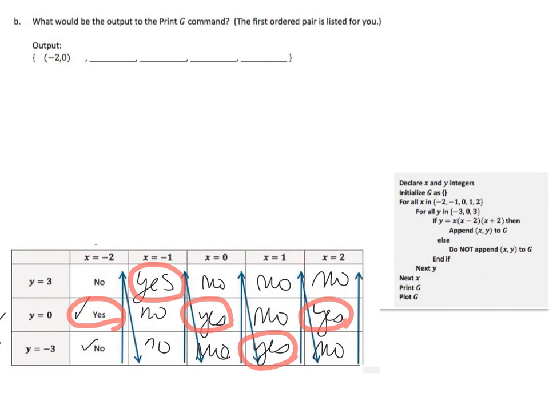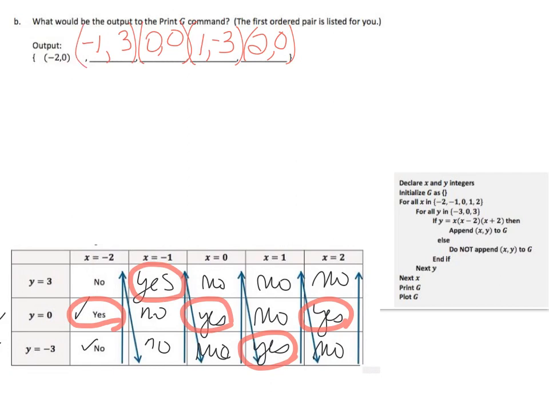I have -2 comma 0, which is the first answer. Then I have -1 comma 3, 0 comma 0, 1 comma -3, and 2 comma 0. These would all be in parentheses because they are in fact ordered pairs.